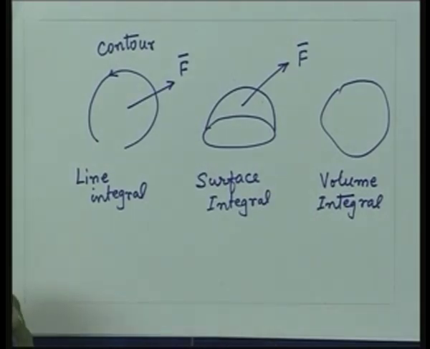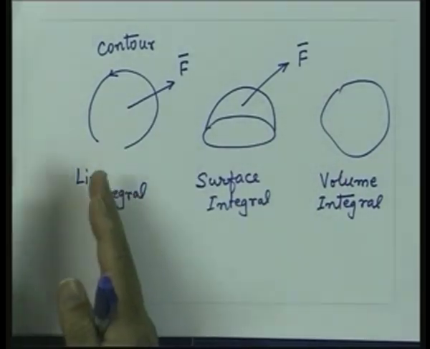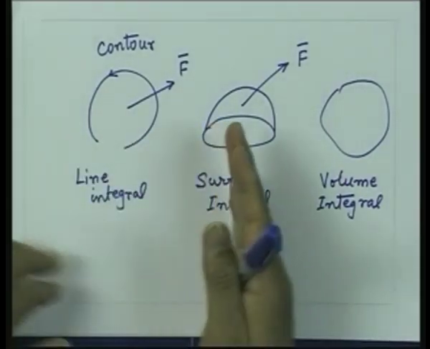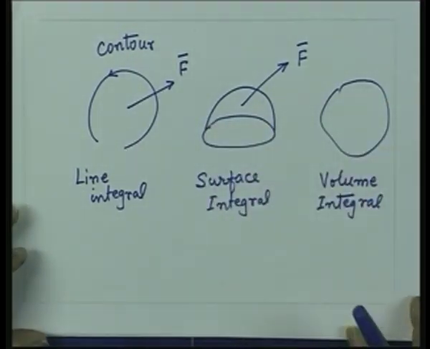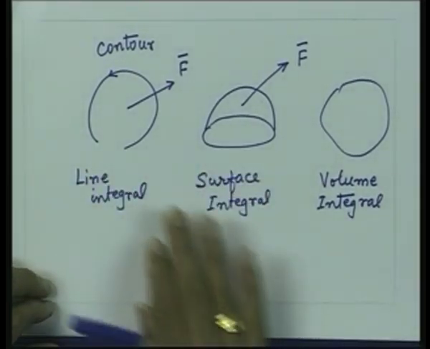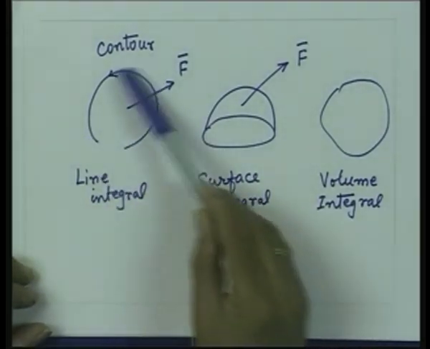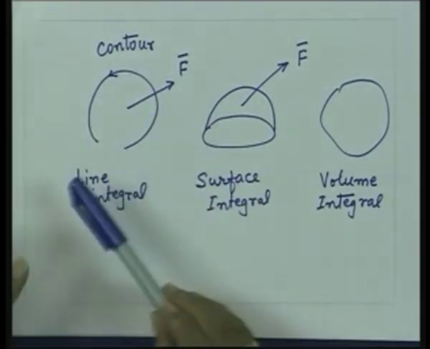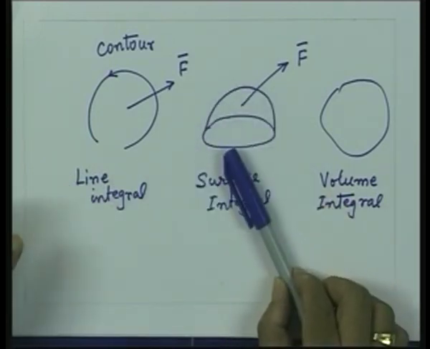And invariably we need to change from one integration to another. We may have to convert from the line integral to the surface integral, or from surface integral to the volume integral. It should be kept in mind, however, that the integral is a scalar quantity. So, when we do the line integration, the final answer will be a scalar quantity. When we do the surface integration, the final answer will be a scalar quantity.